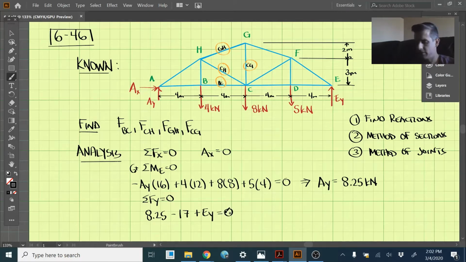All right, so let's do that quick calculation here. We have 17 minus 8.25, and that sets EY equal to 8.75 kilonewtons.